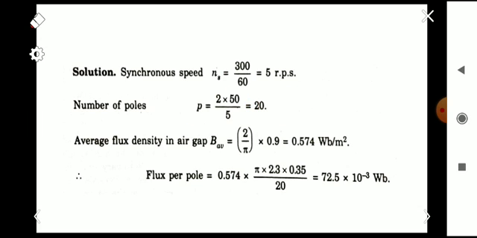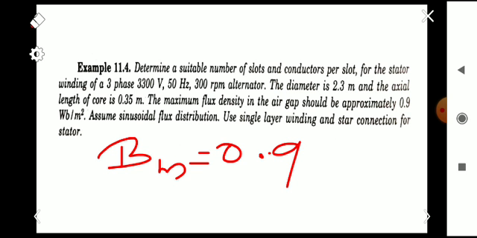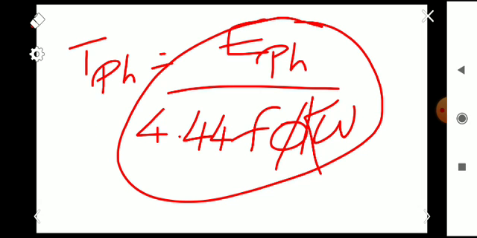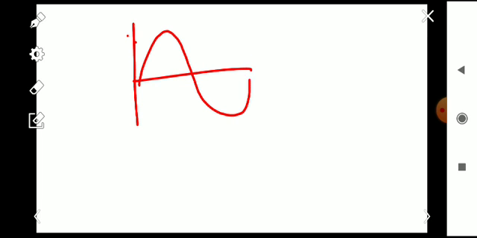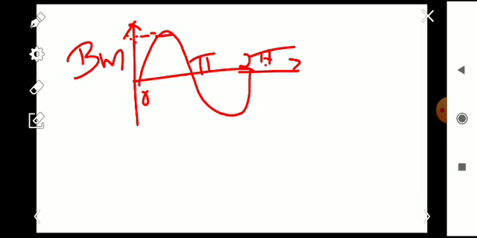Then we have to find the average flux density, Bav, which is actually the specific magnetic loading. In the question, the point is to assume sinusoidal flux distribution. Sinusoidal flux distribution means the flux density waveform has a sinusoidal structure, going 0, pi, 2 pi like that, and this peak is the maximum value of flux density Bm.